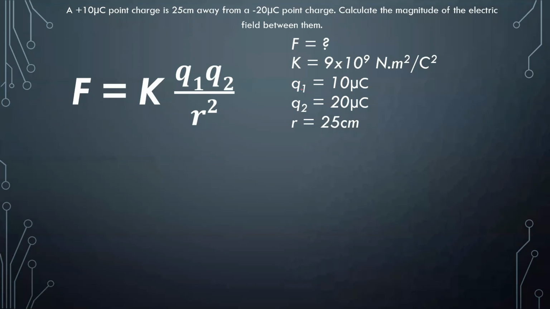Okay, so since ang ating Q sub 1 and Q sub 2 is in micro, so convert natin siya into coulomb. So that is 10 microcoulomb is 10 times 10 to the power of negative 6, and 20 is 20 times 10 to the power of negative 6.